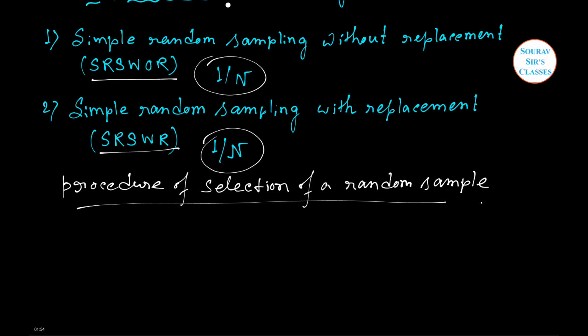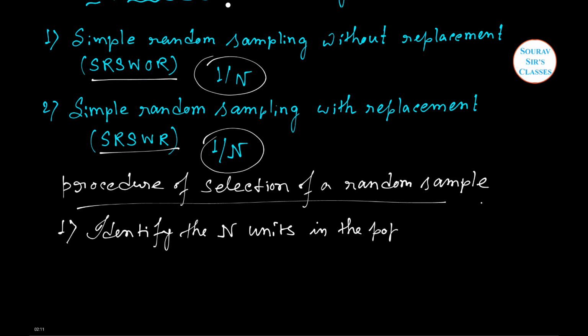The procedure of selection of a random sample follows the following steps. Number 1, identify the N units in the population with the numbers 1 to capital N.